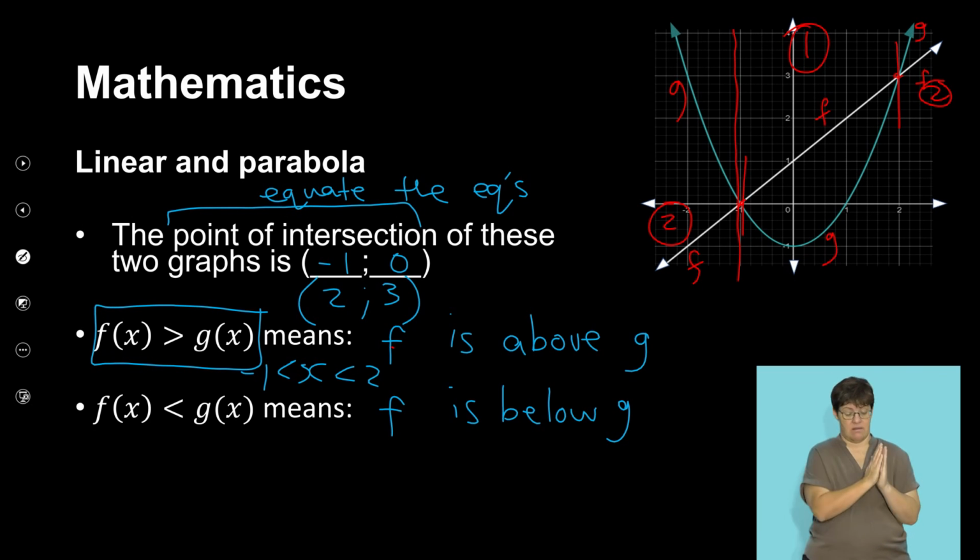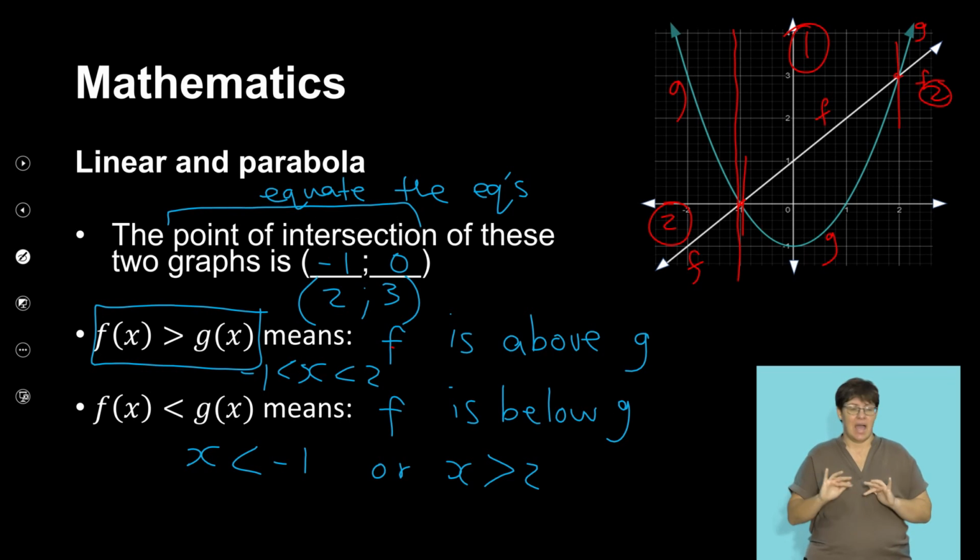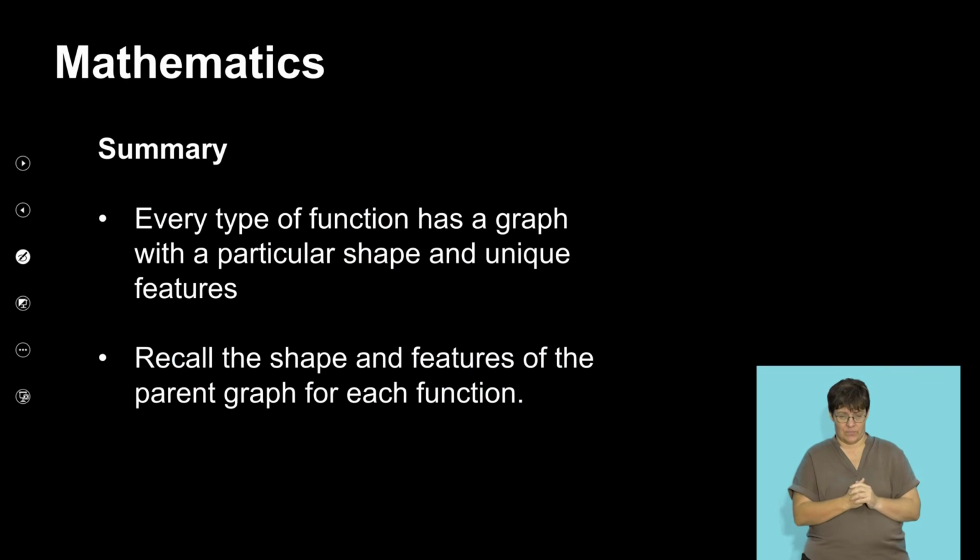So in that region, this thing is satisfied. And then for this one, x must be less than minus 1, or x must be greater than positive 2, and that will be satisfied. So that's how you analyze this. If they include a bar, you know they're just talking about equality. Then you can talk about them being equal.